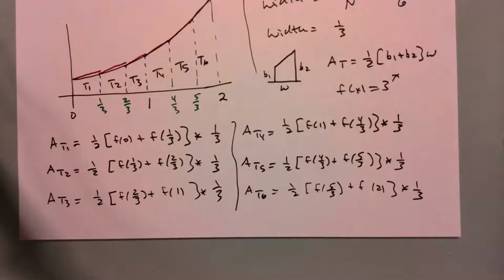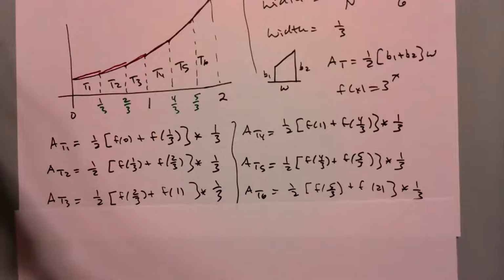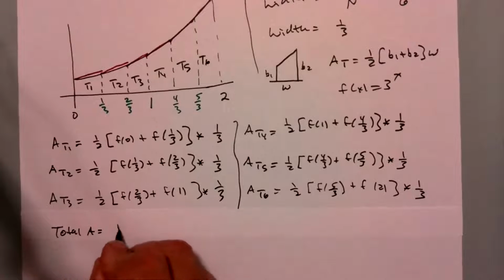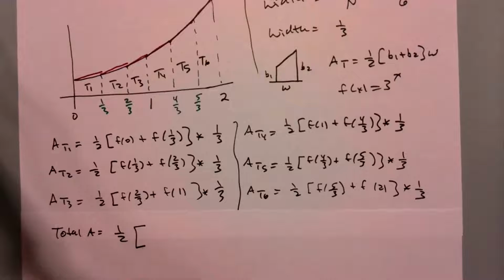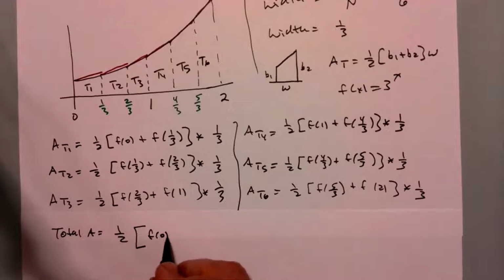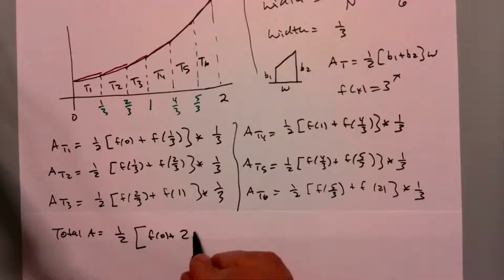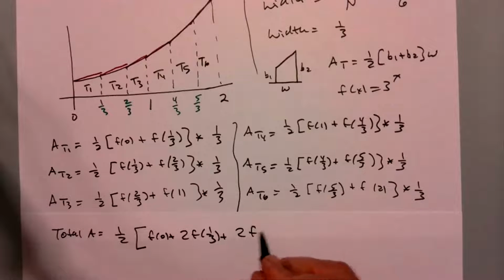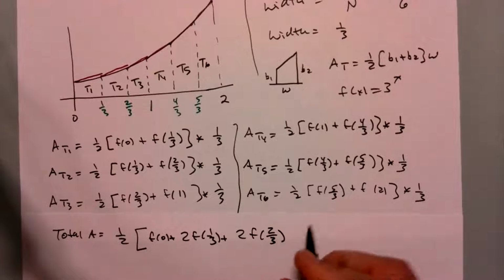But you'll recognize there's a 1/2 times a 1/3 in all of them, so the total area will be 1/2 of f of 0 plus 2 times f of a third. F of 2/3 is there twice, 2 times f of 2/3.